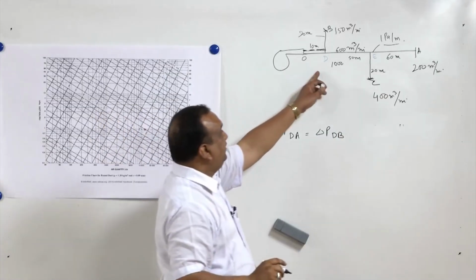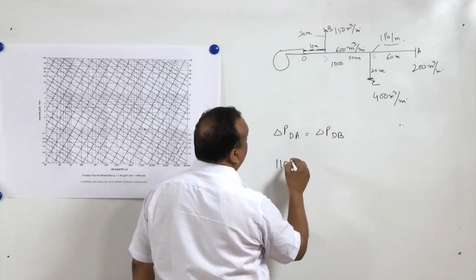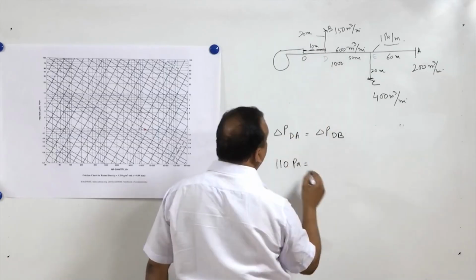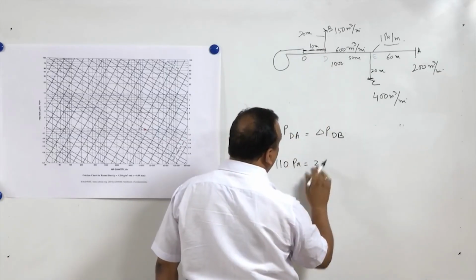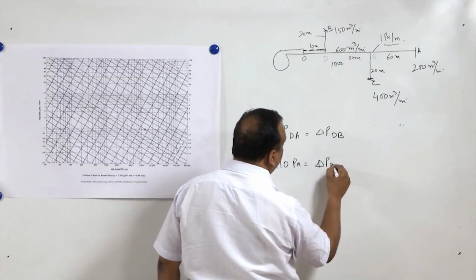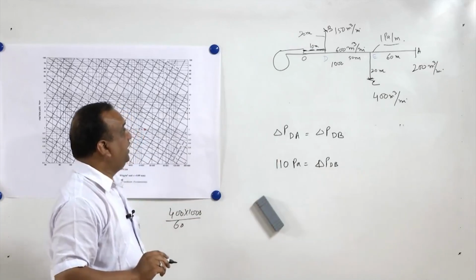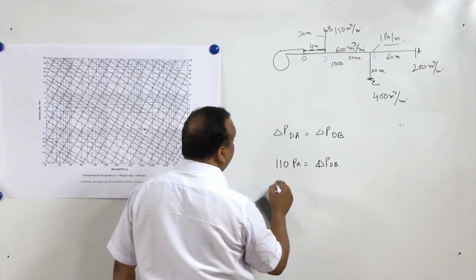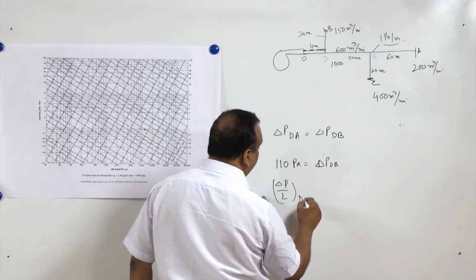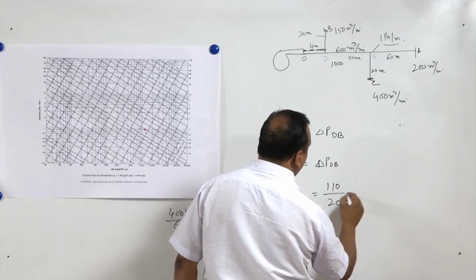Now delta P between dA is 110 Pascal, and delta P between dB, this should be equal to delta P dA, and then we can say that the per unit length pressure drop delta P by L for dB can be 110 divided by 20.